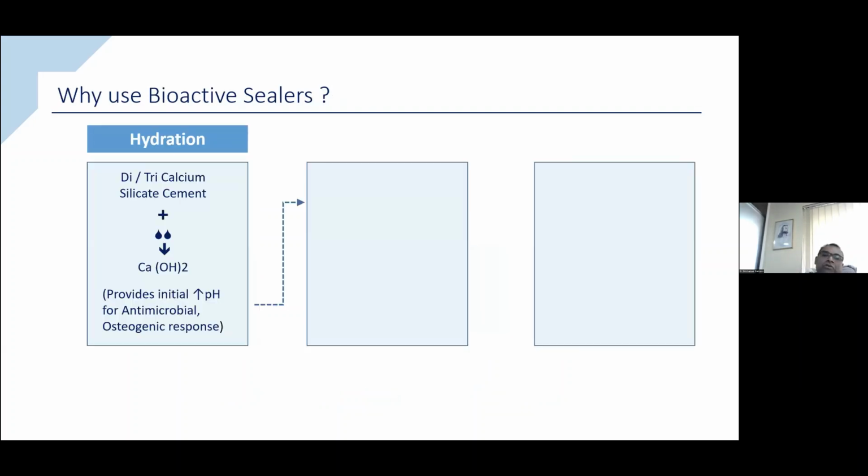Now, why do you want to use bioactive sealers, bioceramic sealers? If you see the mechanism of action, it is a di- or tricalcium silicate which comes in contact with moisture or water and causes calcium hydroxide, thus providing high pH for antimicrobial activity and osteogenic response.